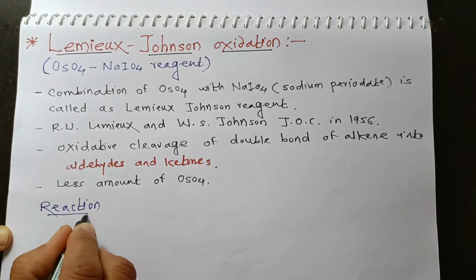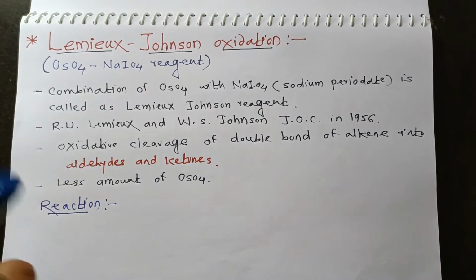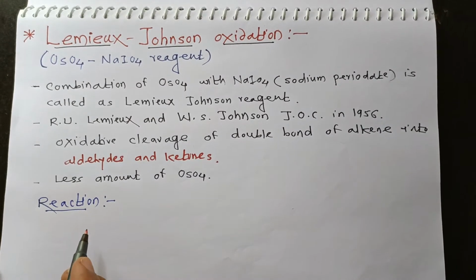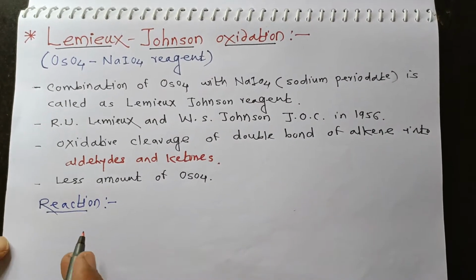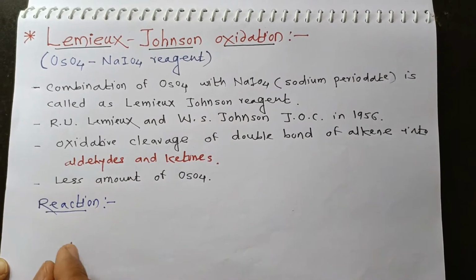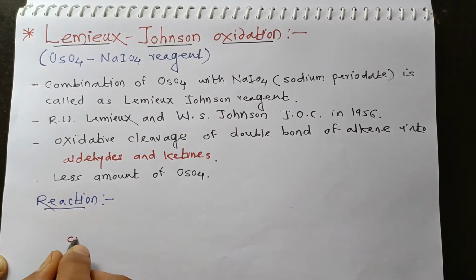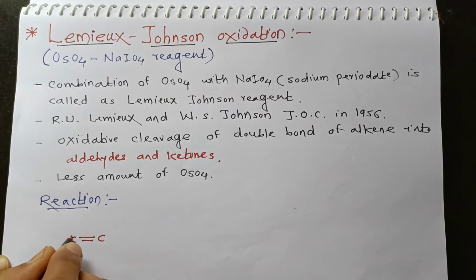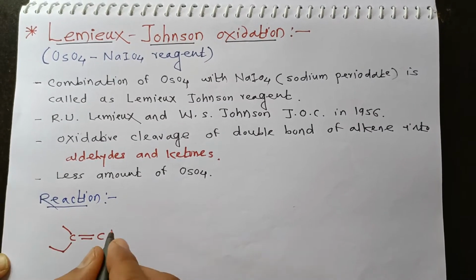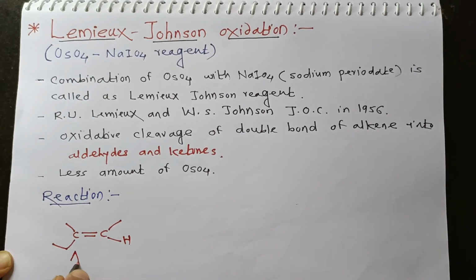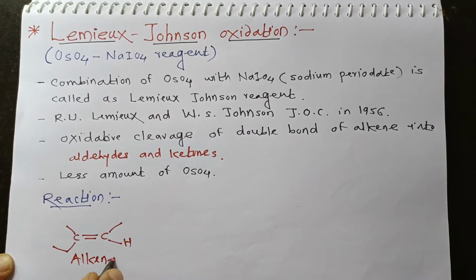That is the conversion of alkene into aldehydes and ketones using osmium tetroxide and NaIO4, that is Lemieux-Johnson reagent. Look at a simple example. Here we take this type of substituted alkene.